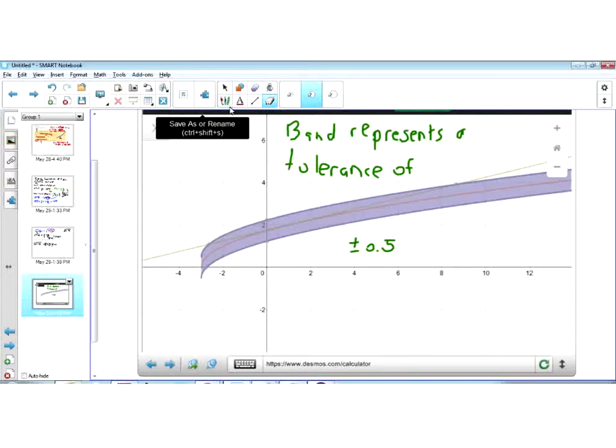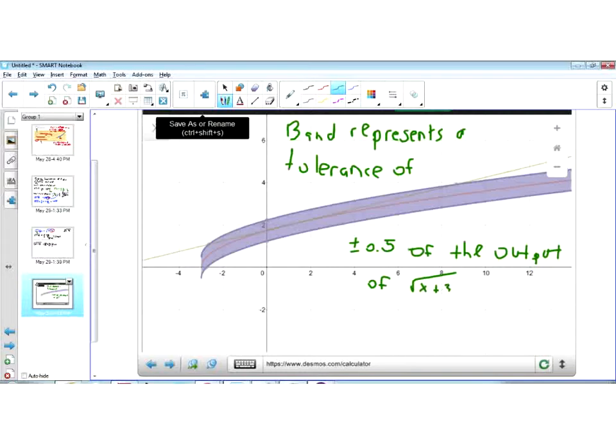Okay, so it represents a tolerance of 0.5 of the truthful output, so plus or minus 0.5 of the output of the square root of x plus 3.